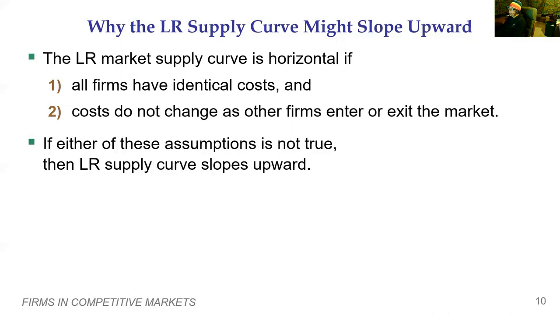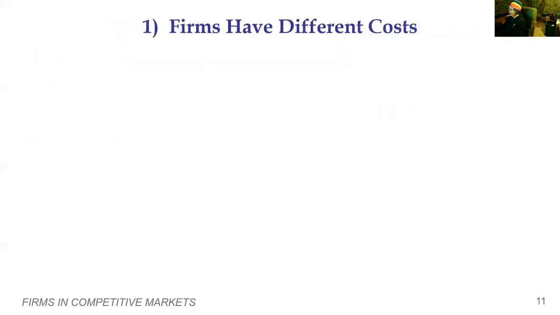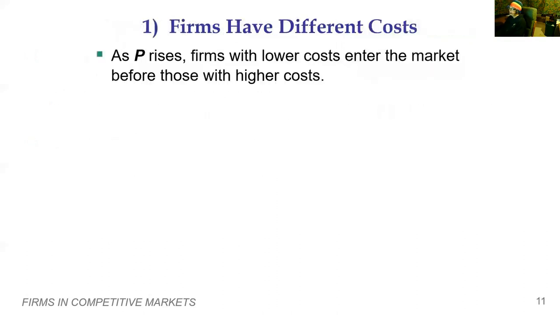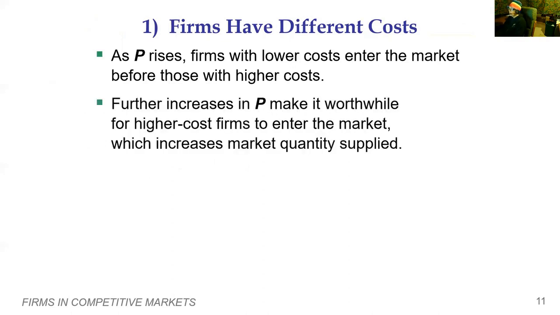So if either one of these is not true, and I think we can make a good case that both of them may not be true, then the long run supply curve slopes upward. Firms do in fact face differing costs, okay? Geographic areas, supplier, long-term supply, short-term supply, and so on.